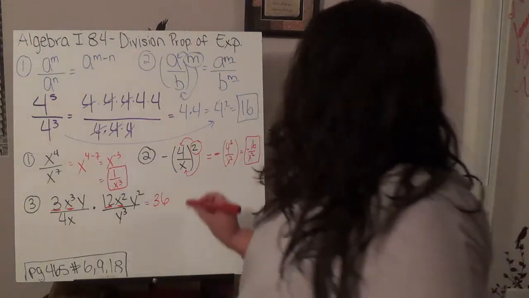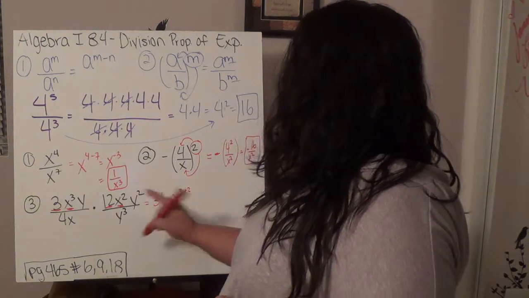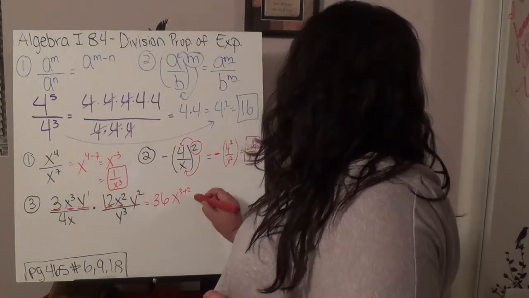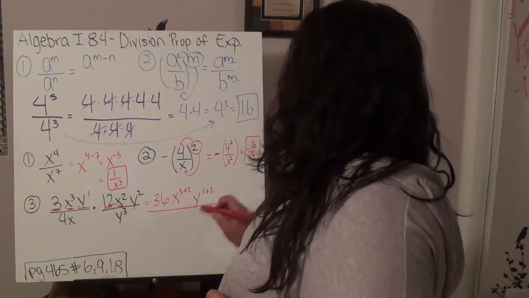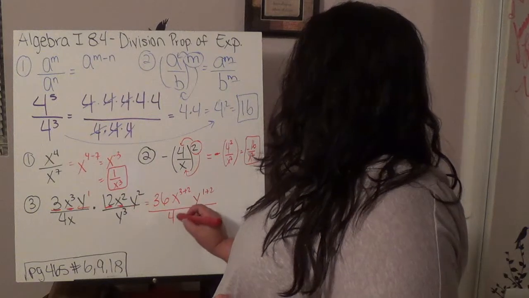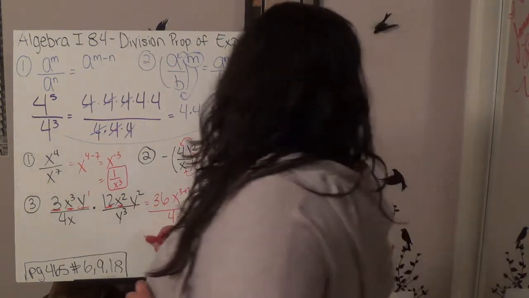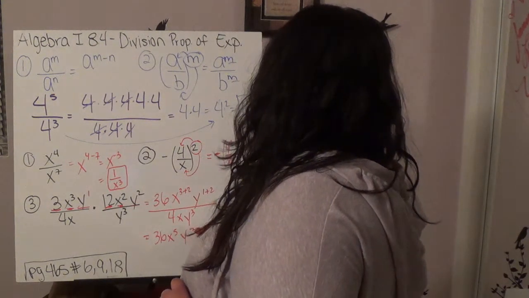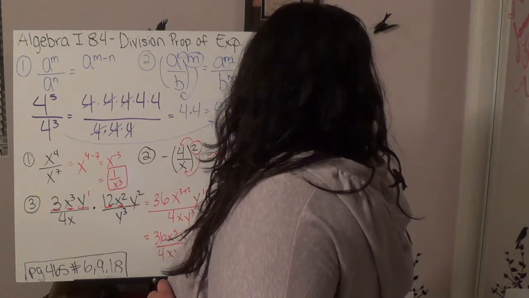I add them. So it becomes x to the 3 plus 2, and y to the 1 plus 2. On the bottom, because there are no like terms, just 4x y cubed. This gives me 36 x to the 5th y to the 3rd over 4x y cubed.